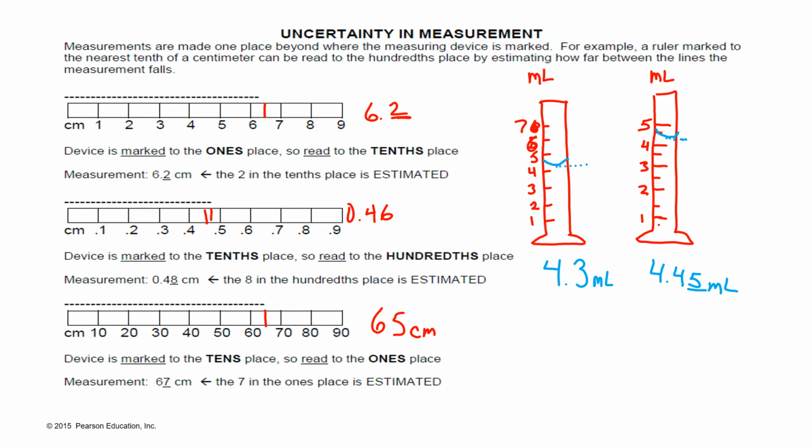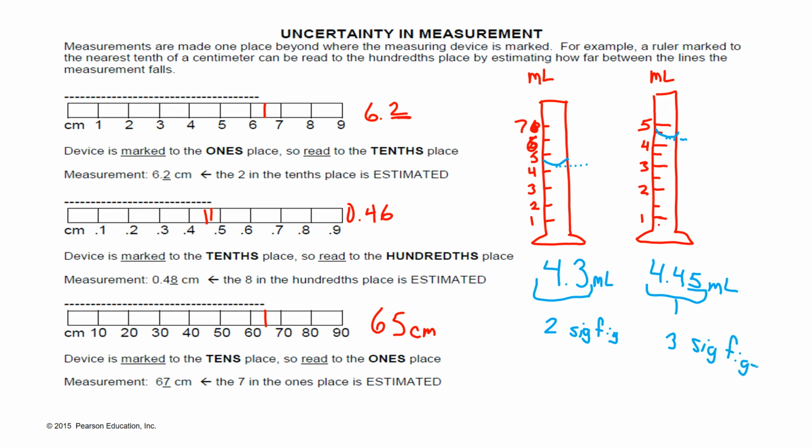As we progress in this unit, this one only has 2 significant figures, whereas this one will have 3 sig figs.